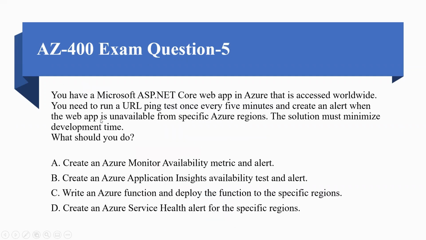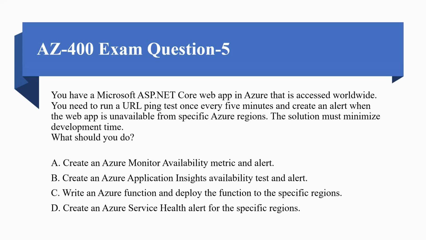Moving towards the next question, you have a Microsoft ASP.NET Core web app in Azure that is accessed worldwide. You need to run a URL ping once every 5 minutes and create an alert when the web app is unavailable from a specific Azure region. The solution must minimize the development time. What should you do? Option A, create an Azure Monitor availability metric and alert.